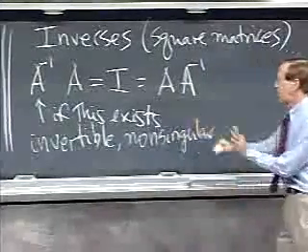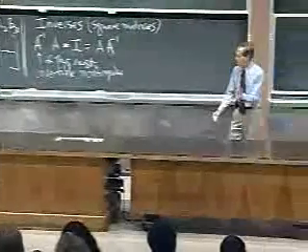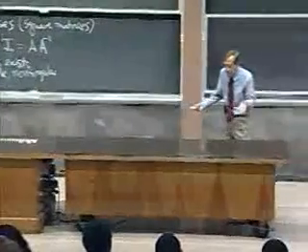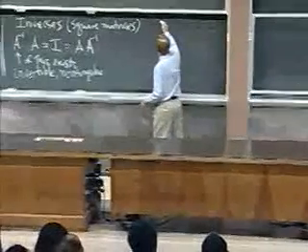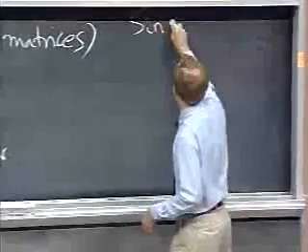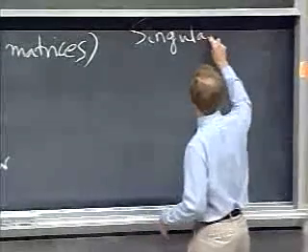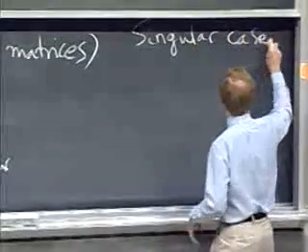Those are the good ones. And we want to be able to identify, if we're given a matrix, has it got an inverse? Can I talk about the singular case? No inverse.